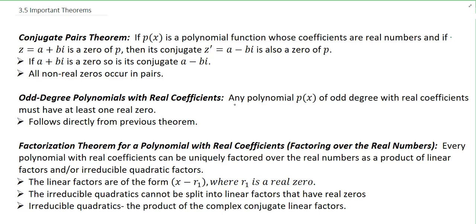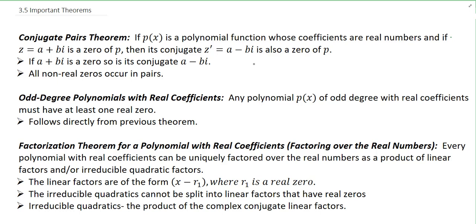And so what that means is the conjugate has the same real part, but it has the opposite imaginary part. So the coefficient of the imaginary part is opposite in sign. And so if one of those is a zero, then so is its conjugate. So in other words, they occur in pairs. Non-real zeros occur in pairs.